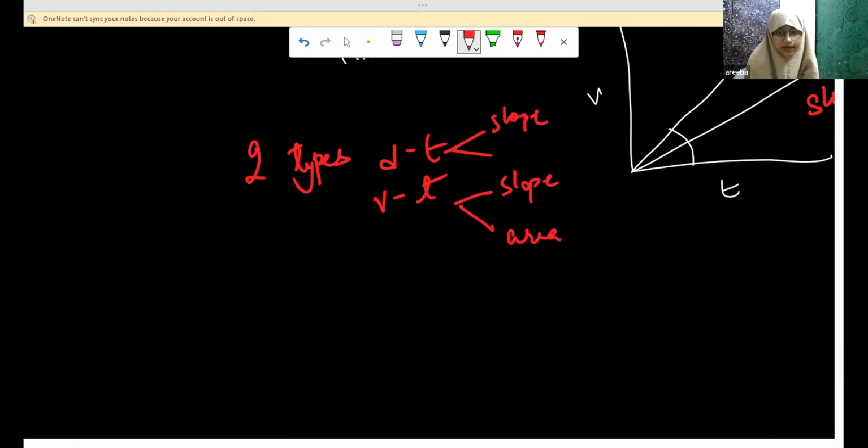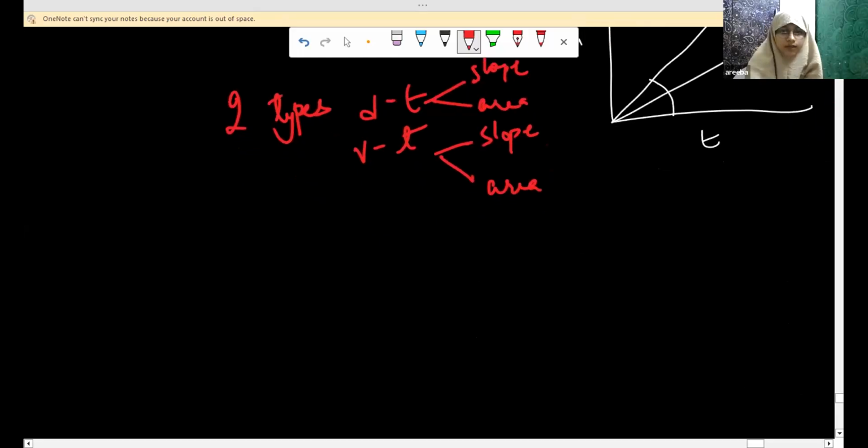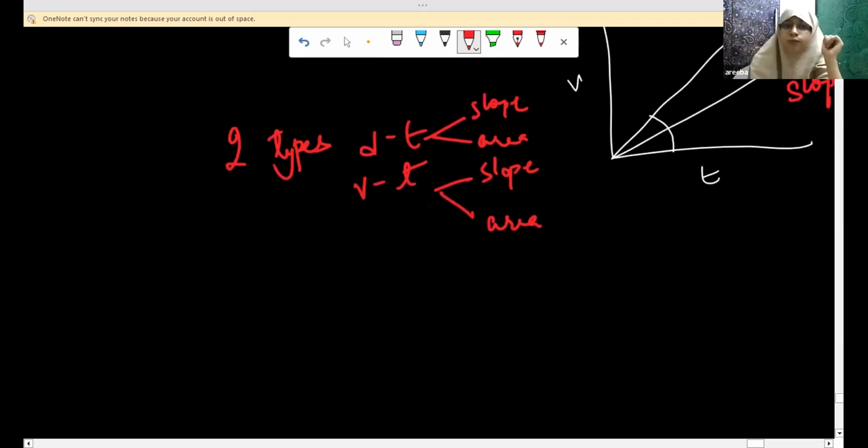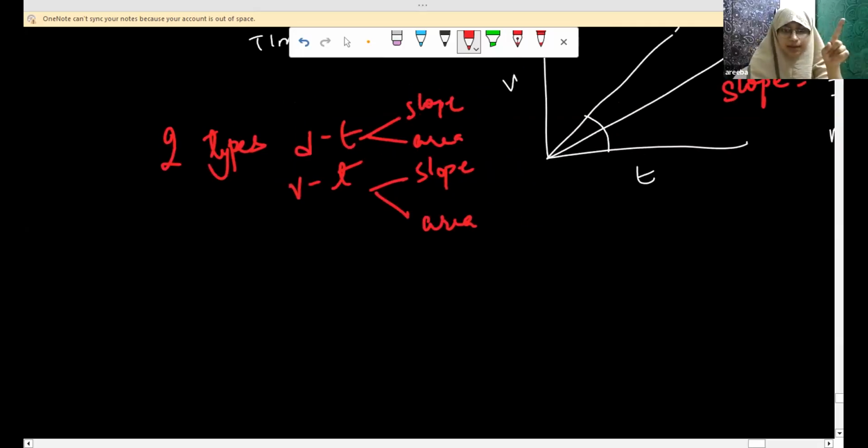Higher the slope, more the speed or acceleration. Perfect. In the case of the distance time graph, the slope will give me speed. More slope, more speed. Right, Khadija? Right, Abdullah?